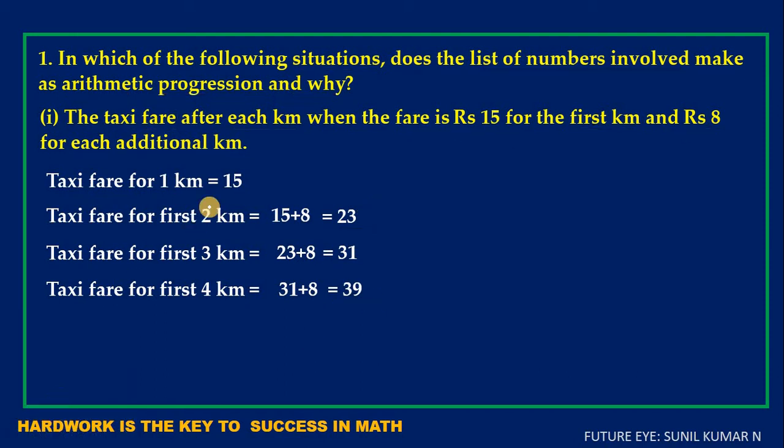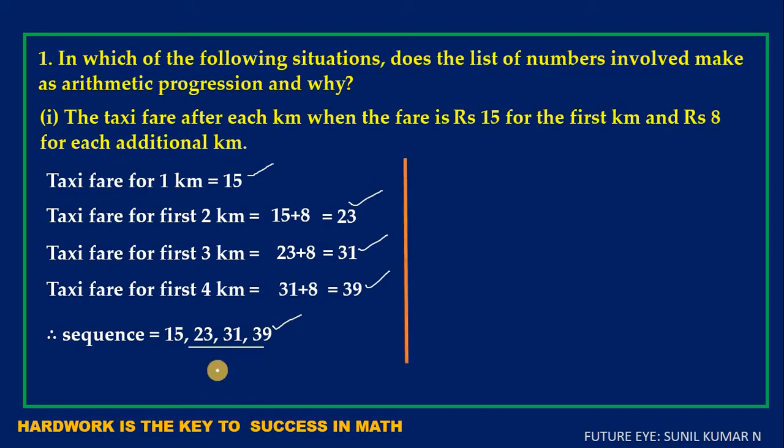Now here we have 4 numbers. These 4 numbers are enough to form a sequence. Now here the sequence is ready. Now we have to check whether this sequence is in arithmetic progression or not.